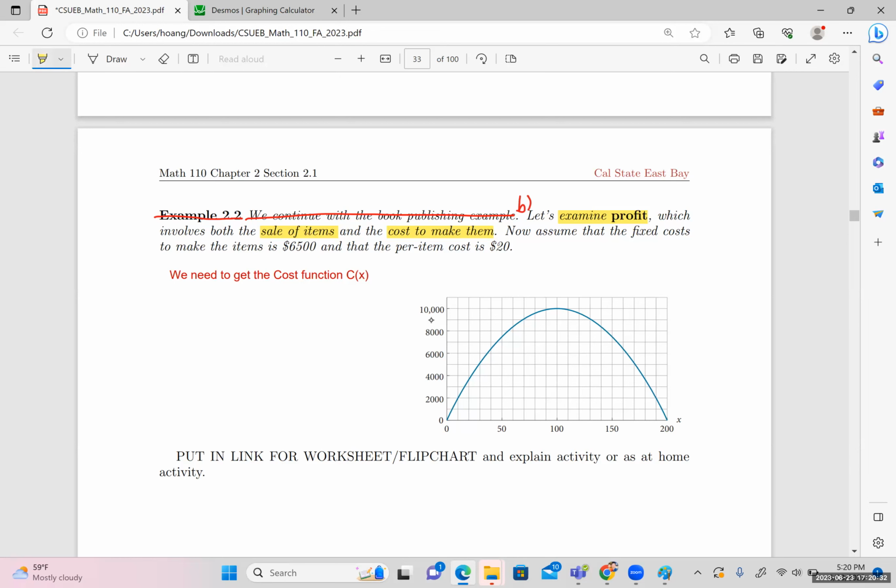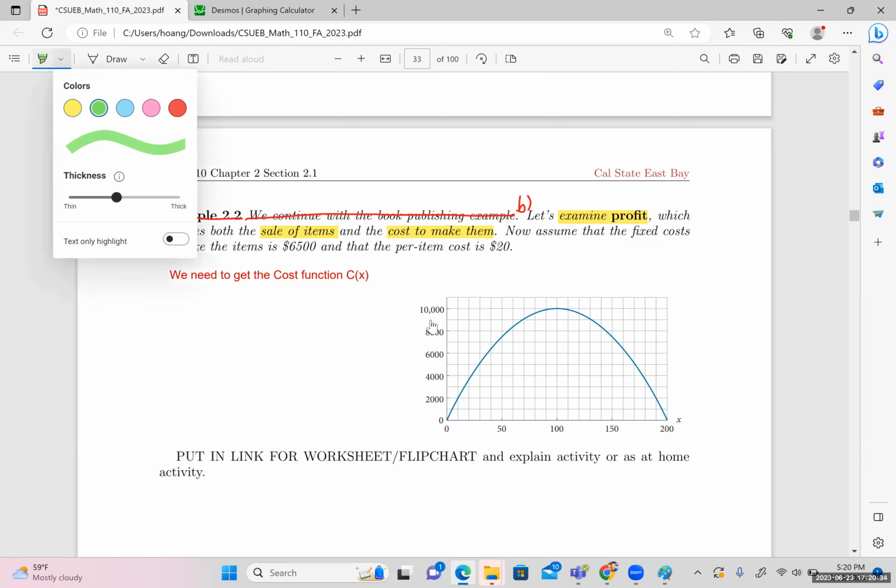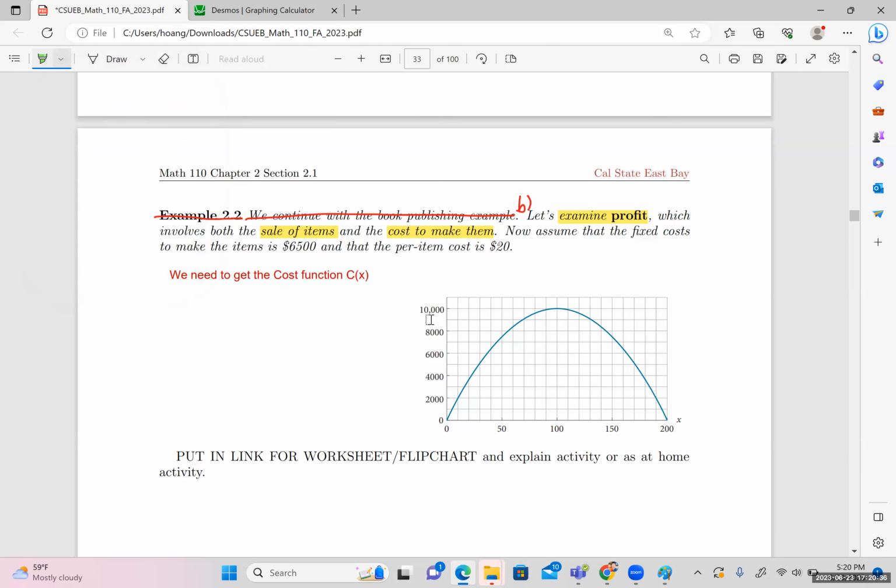And we are given that the fixed cost is $6,500, and the per unit cost is $20.